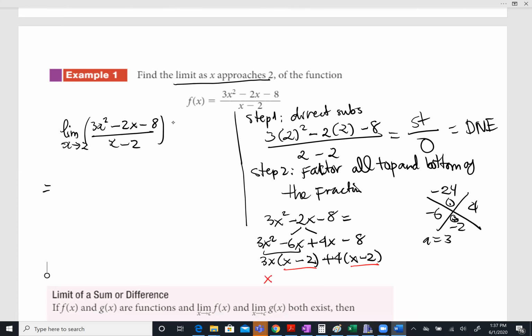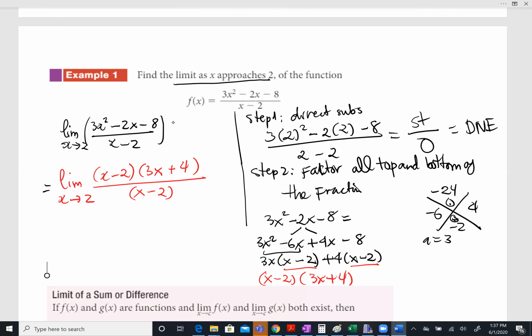So you factor x minus 2 out to get 3x plus 4 as the other factor. Now the top becomes two factors, and I rewrite it as the limit of (x minus 2)(3x plus 4) divided by (x minus 2), for x going to 2.